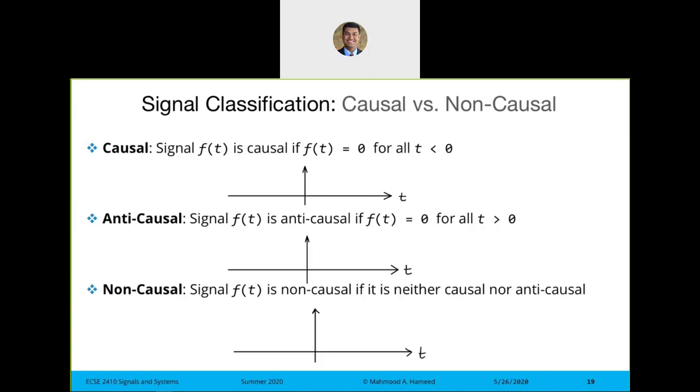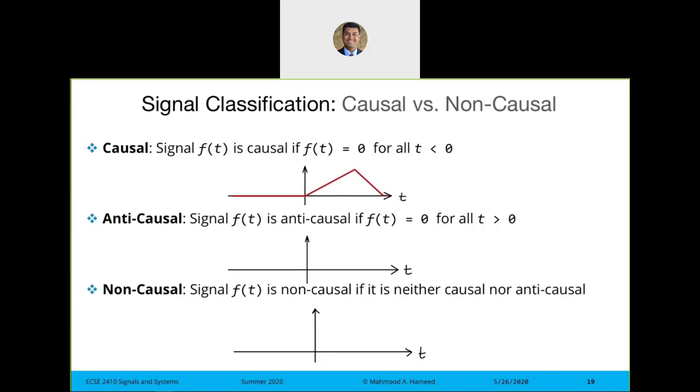The signal f of t is on the y-axis for everything, so I'm not going to even bother writing that. For a causal signal, f of t is 0 for less than 0 time. So it would go all the way 0. Let's draw it in red. And then after 0, it might choose to do something like this. But less than 0, it is 0.